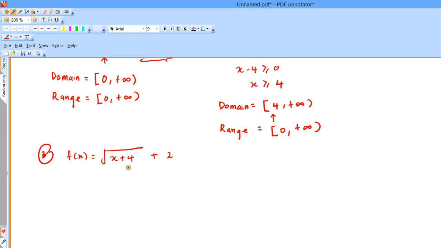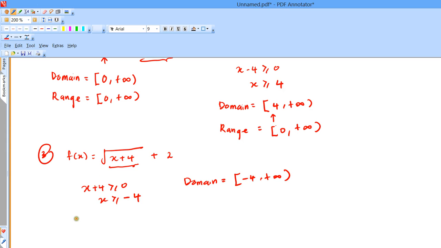The first term has a radical, and we know that the expression in the radical must be greater than or equal to 0. So we have x plus 4 greater than or equal to 0, x greater than or equal to negative 4. So for the domain here, we know that the domain must start from negative 4 to positive infinity.